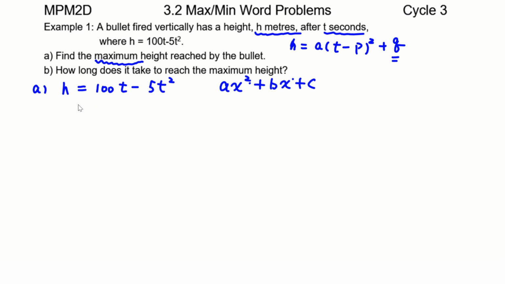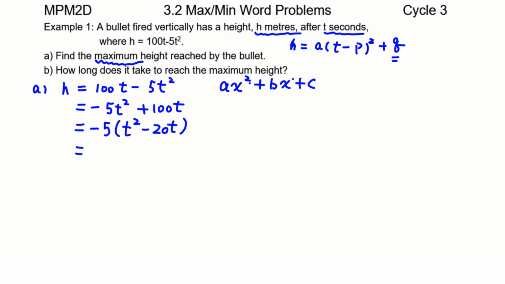We need to rewrite it as negative 5t squared plus 100t. Because the number in front of t squared is not 1, we take the negative 5 out and divide the terms with t by negative 5. Negative 5t squared divided by negative 5 gives you t squared, and 100t divided by negative 5 gives you negative 20t.